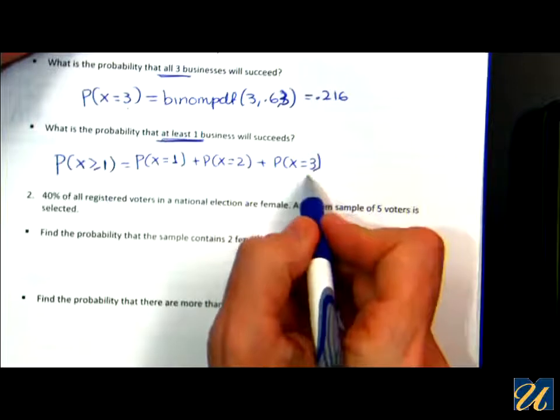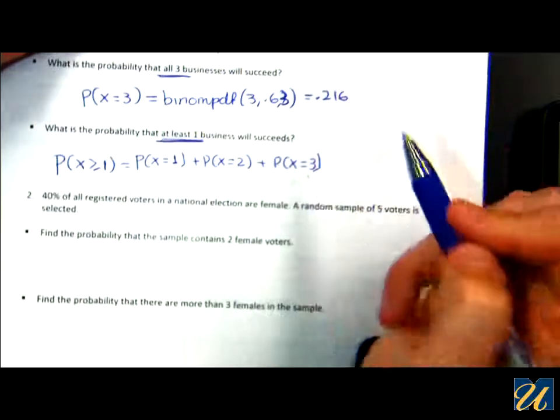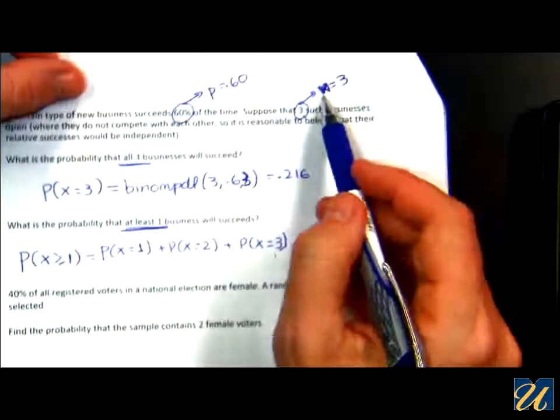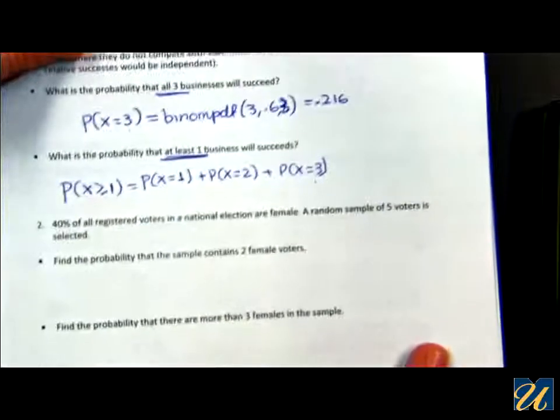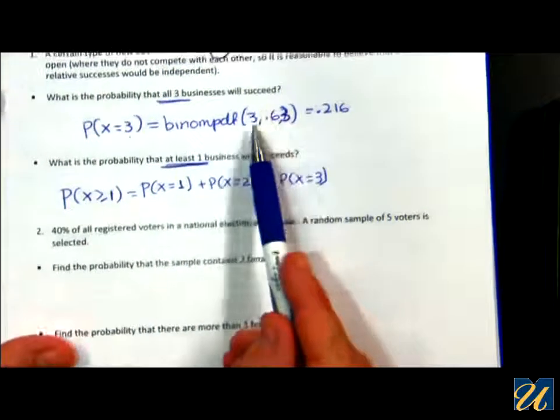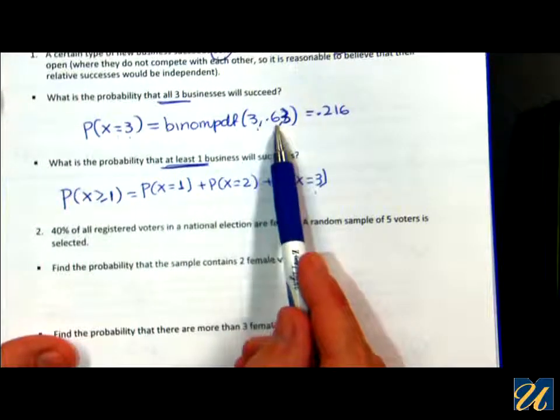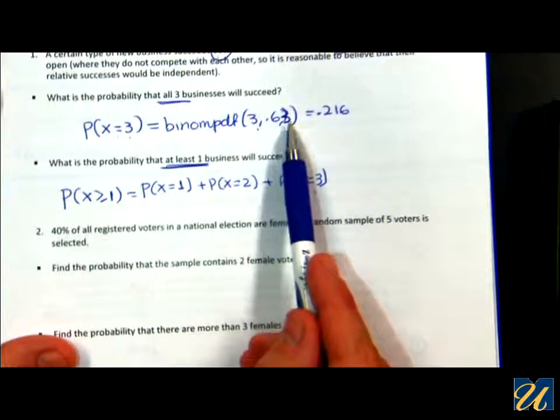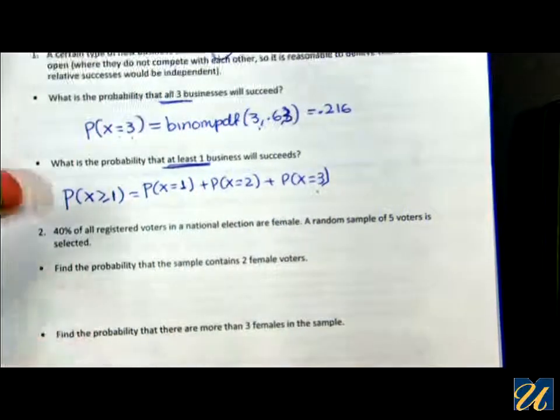Why do I stop at 3? Because n is equal to 3. You can only go up to your sample size. You will do binomial PDF for each one. You will keep n and p the same. The only thing that will be changing will be your x.